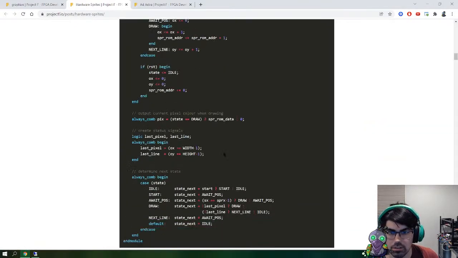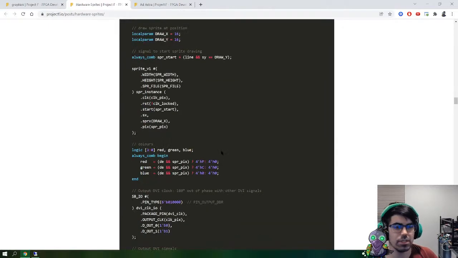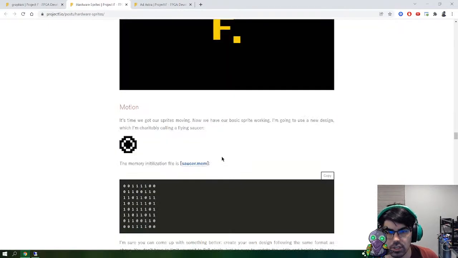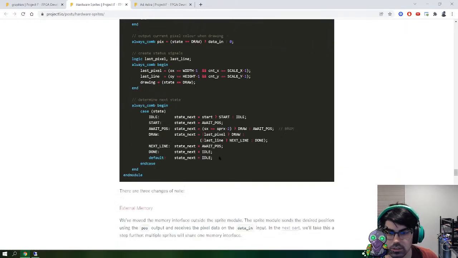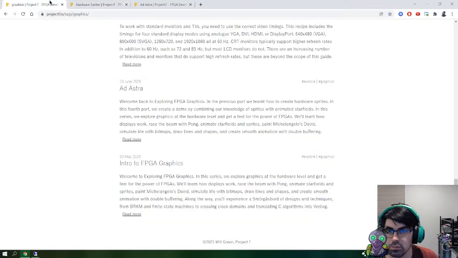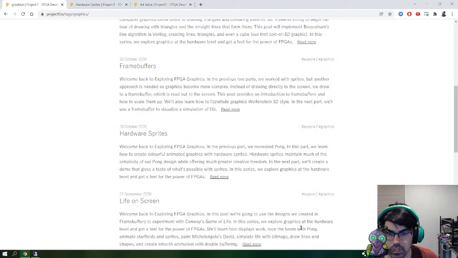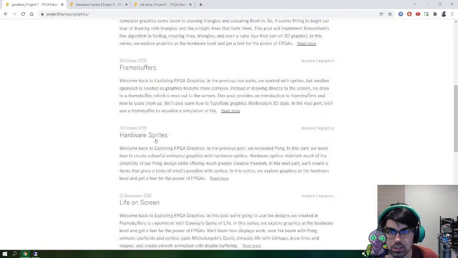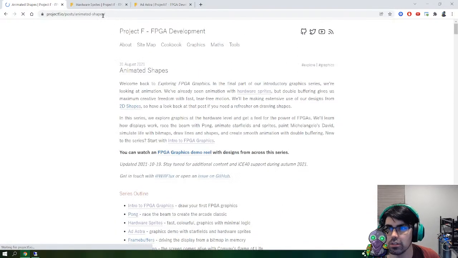I would love to be able to do 3D graphics on an FPGA. Someone did that recently, and I would love to see that. Is there anything worth picking out? Sprites, video timings, Pong, lights on the screen, 2D shapes, animated shapes. Okay, let's go to the last one.